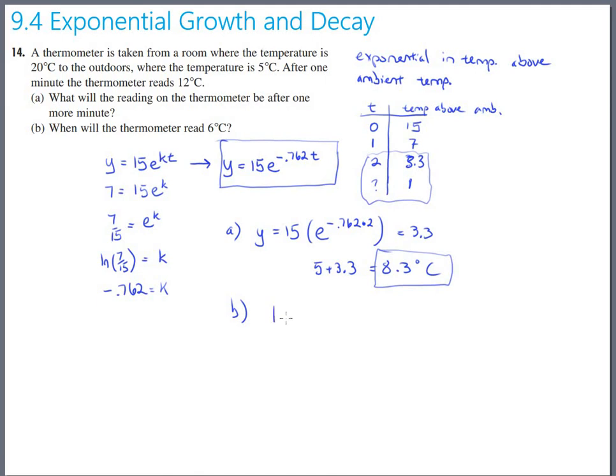And we'll just take our basic equation, set it equal to 1. And we know how to solve. We've solved this type of equation a few times already. Divide both sides by 15. Take the natural log of both sides.